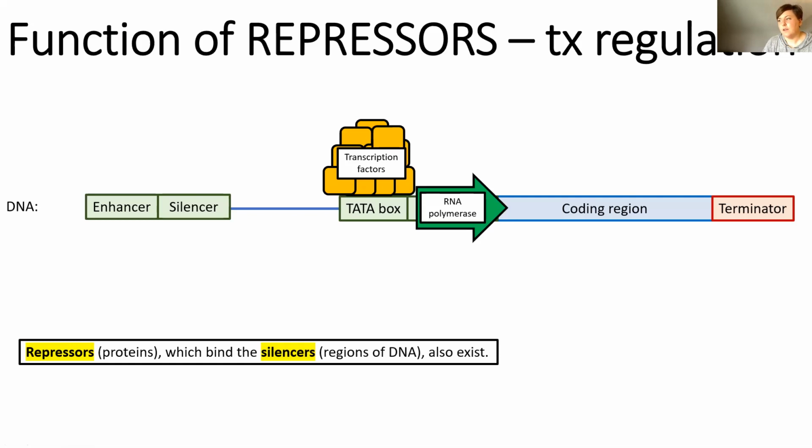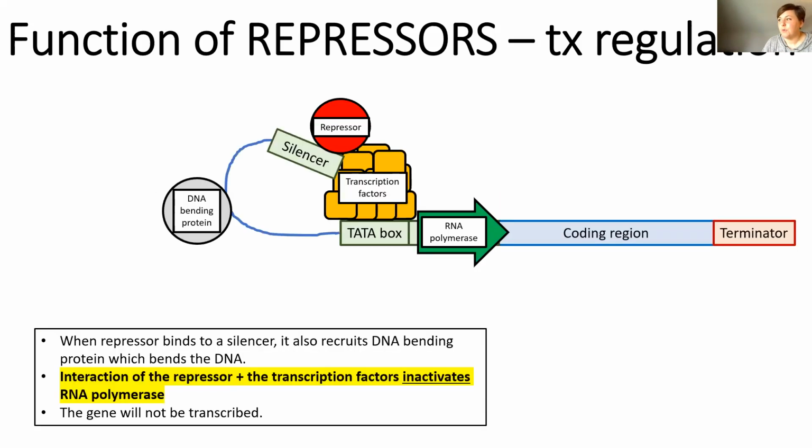In this form, RNA polymerase is essentially waiting on directives to tell it whether it can go or not. When a repressor binds to a silencer, the DNA is bent, and the association of the repressor with the pre-initiation complex essentially holds RNA polymerase in place, preventing it from transcribing the gene into mRNA.